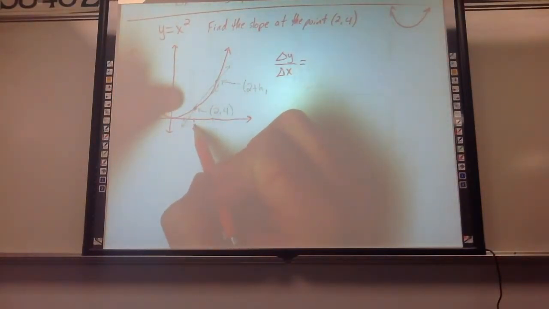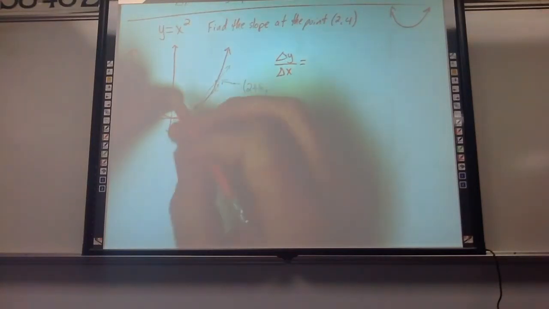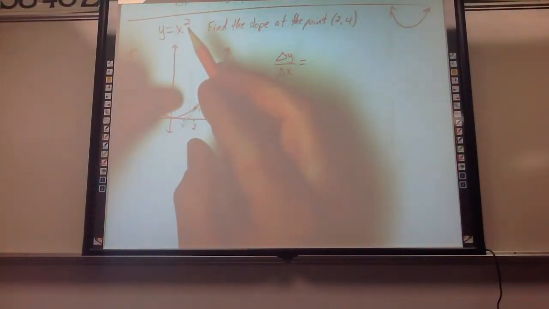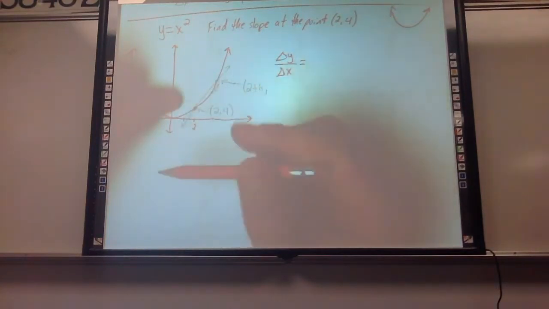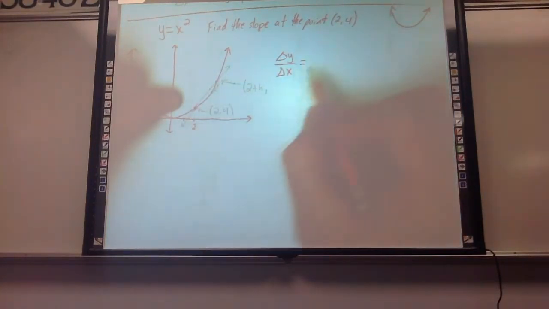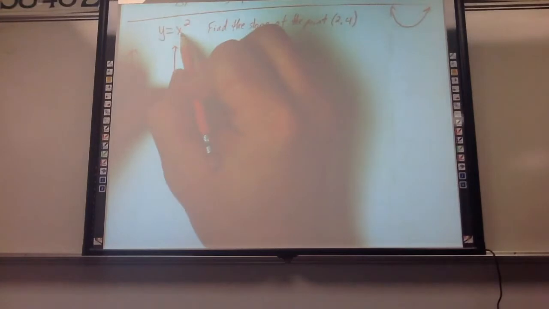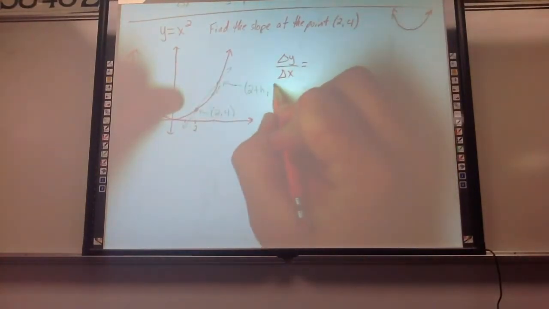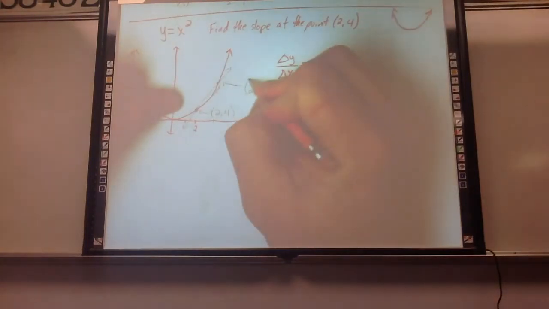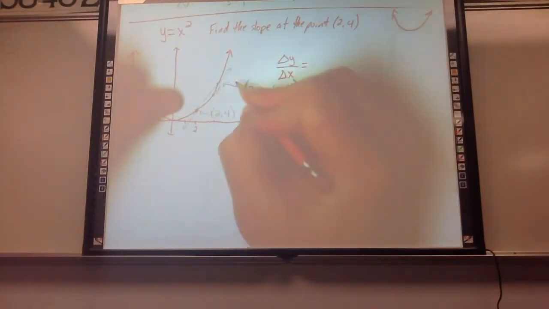I'm given it, 2 plus h squared. Yes, that's right. If I take 2 and I say what's y for this function, you would say 4, right? You would square it. So I've got to take the x value and square it. So this is going to be 2 plus h squared. That's that point.